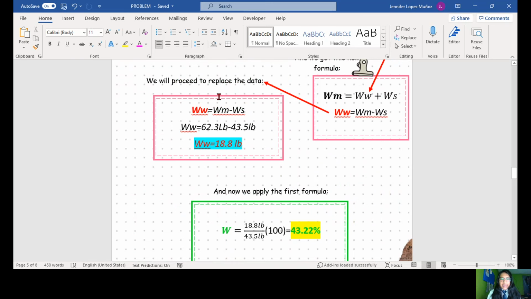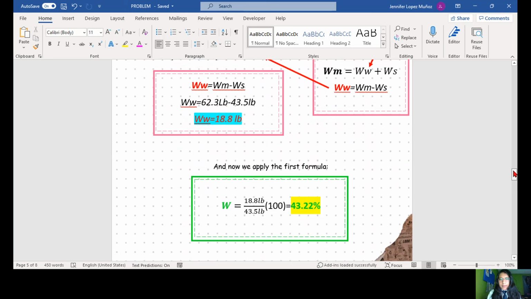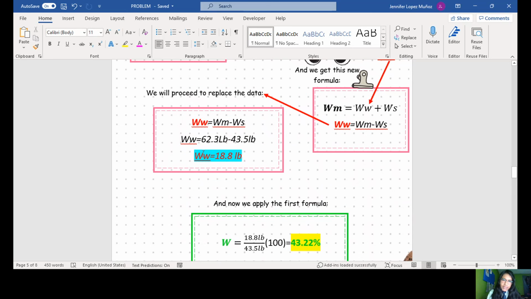To replace the data, water weight equals 62.3 pounds minus 43.5 pounds. The result is 18.8 pounds.